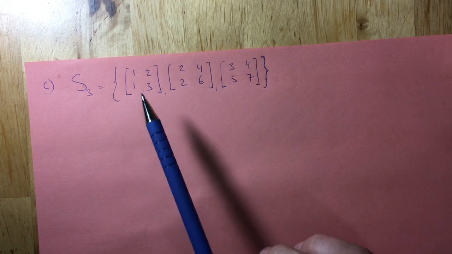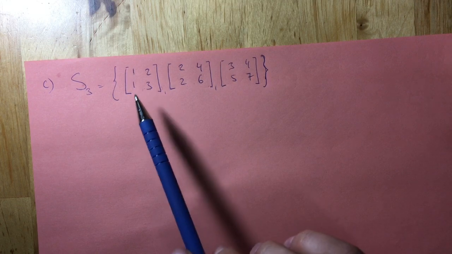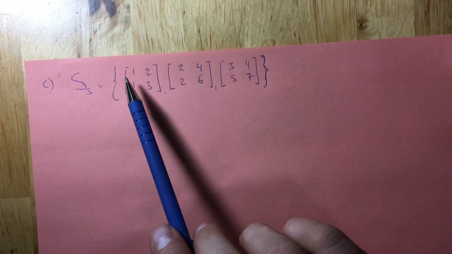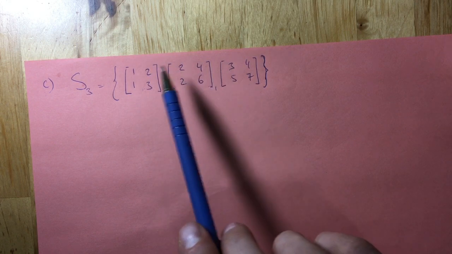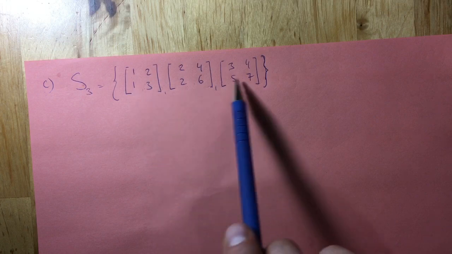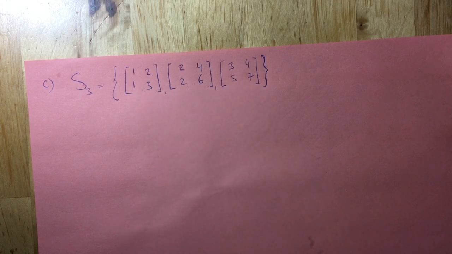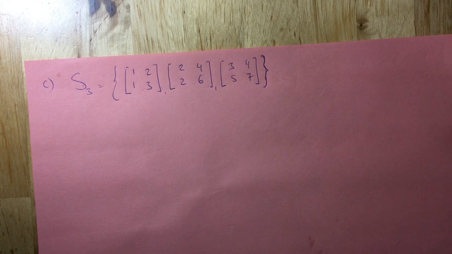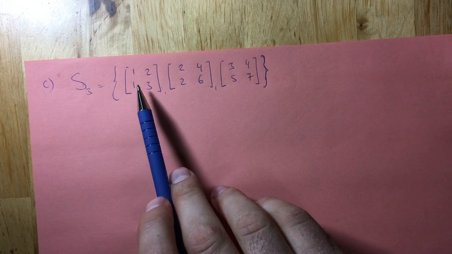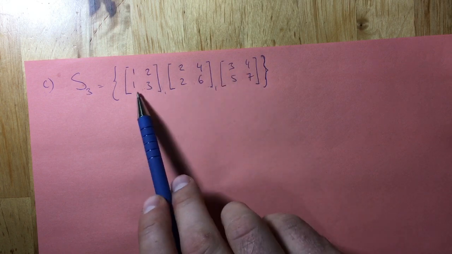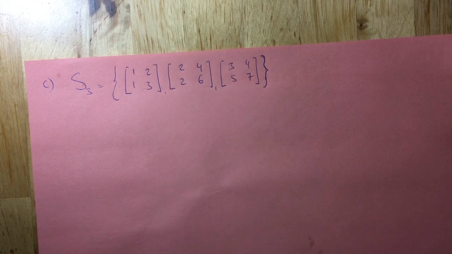I can do the same idea by checking whether this is dependent with this vector, so I have to multiply 1 by 3 to get 3, but if I multiply 2 by 3 I don't get 4, so these two are not scalar multiples. So these two are linearly independent, and the basis for the span of S3 is going to consist of these two 2 by 2 matrices.